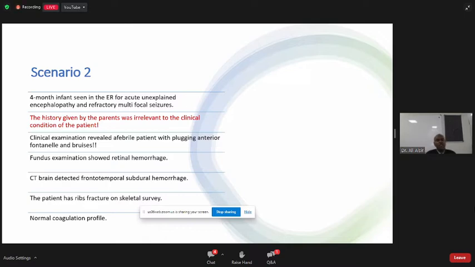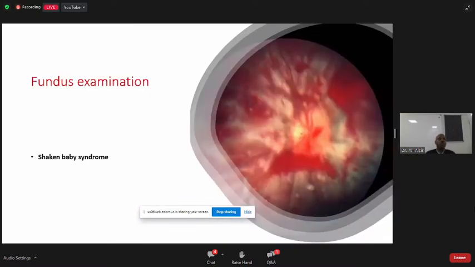And this patient has rib fractures on skeletal survey, which also supports our thought about non-accidental injury, despite the normal coagulation profile. This also ruled out any coagulopathy that might explain the bruises seen in the examination.